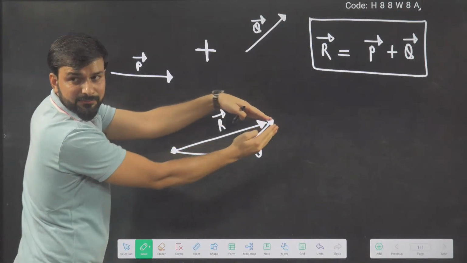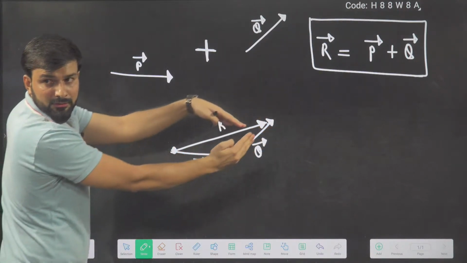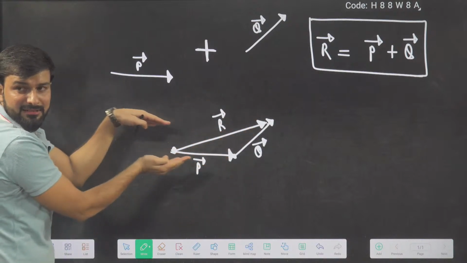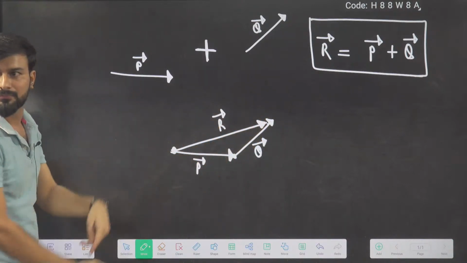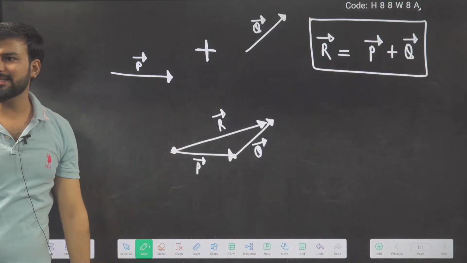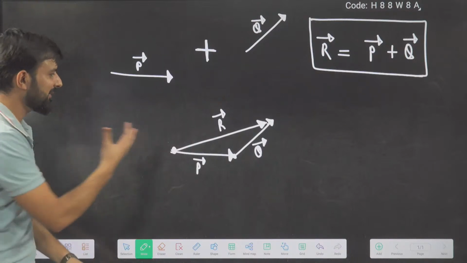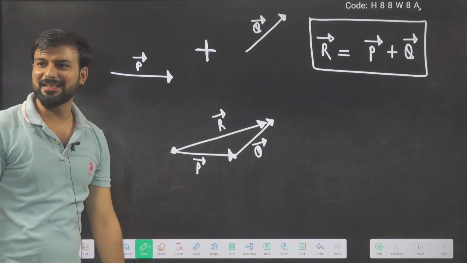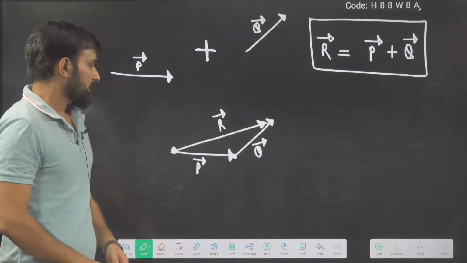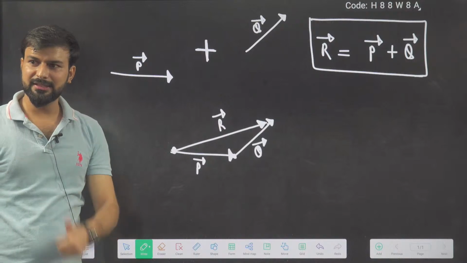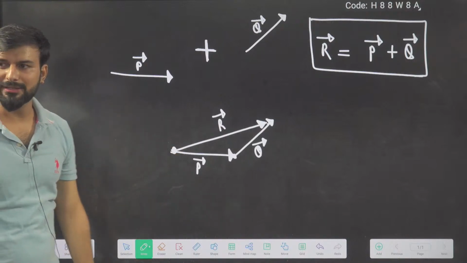These two vectors have the same sense, and the resultant is in the opposite sense. Thumbs up if you understood the sense. This is one method. Is it a good technique to remember which one is the resultant?